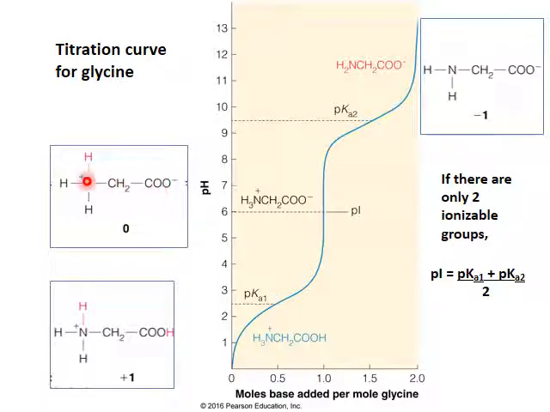This is the zwitterion at 0, and then we continue with the titration of the proton off of the amino group to get the neutral version of that functional group, making the overall charge on the molecule -1. So let's take a look at how this is occurring.